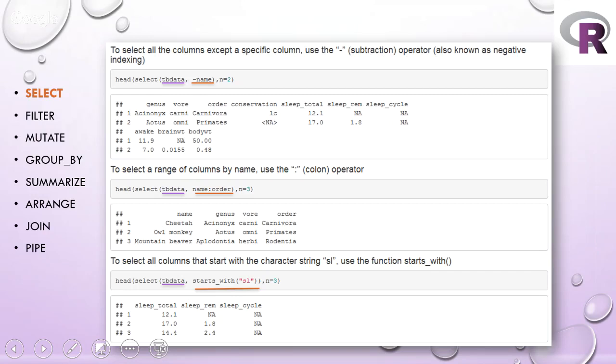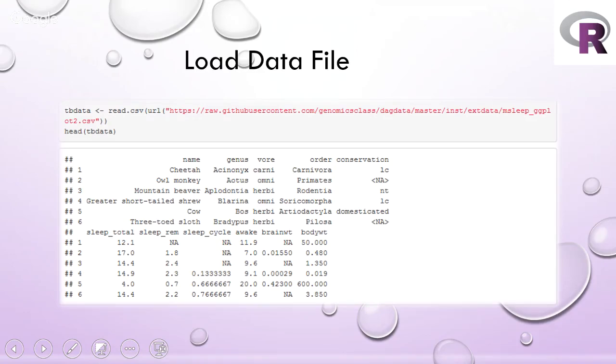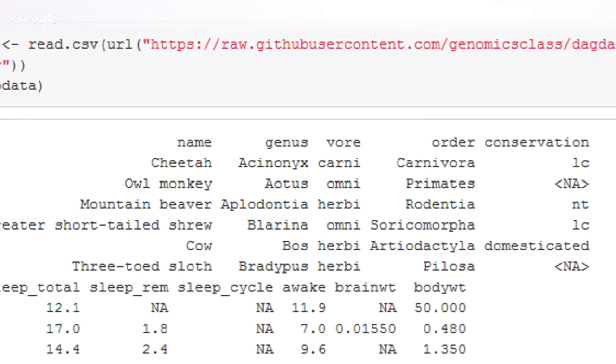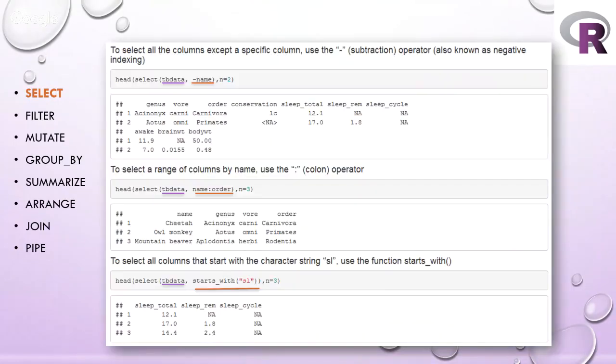This is another way to use the select statement. Another can be when you want a certain set of columns. In this example, let's say we want name, genus, vore, and order. If we want just these four columns, we can use the colon symbol, from name colon order. That specifies the range of columns we want from the data.